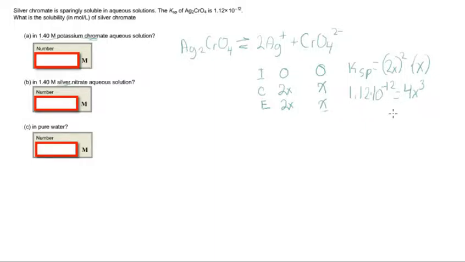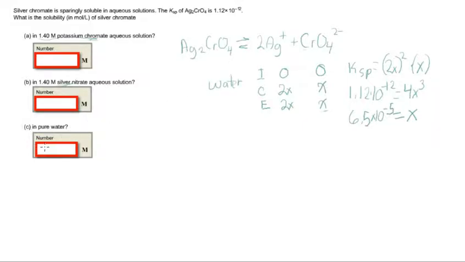We divide everything by 4, take the cube root, and we get x equals 6.5 times 10 to the negative 5th. So this is pure water.